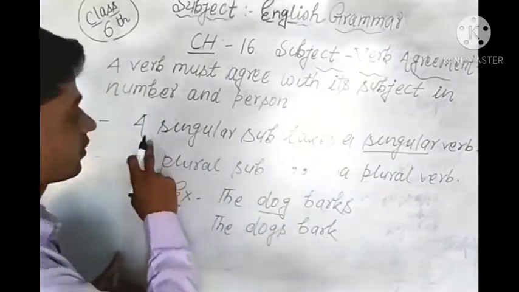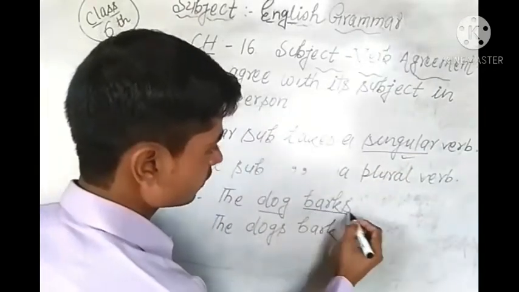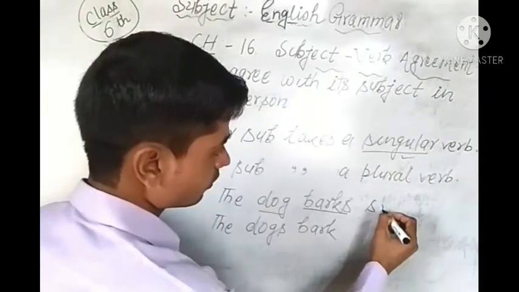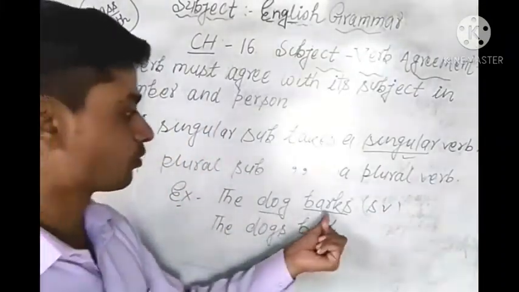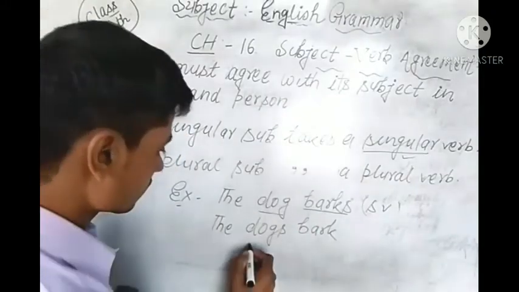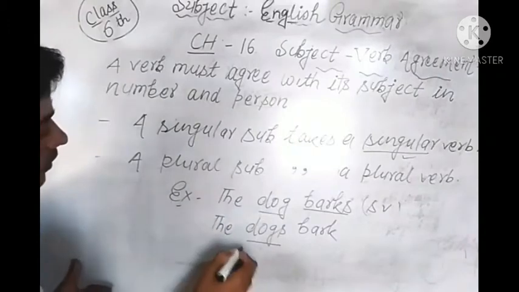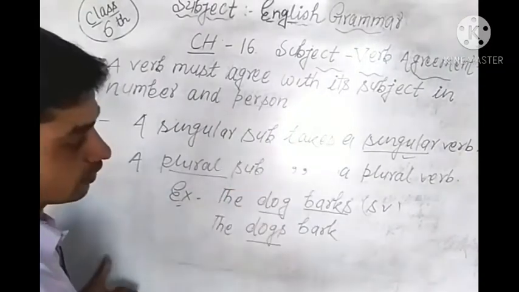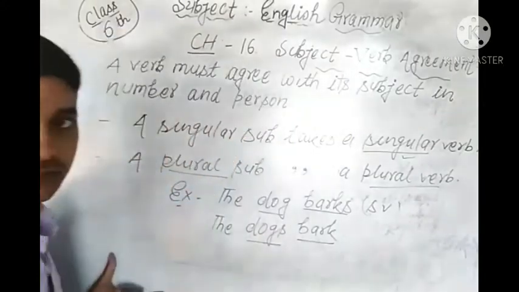I have written that a singular subject takes a singular verb. We use a singular verb here. The dog is singular, so the verb would be a singular verb. The dogs, in the second sentence, what is the subject? The subject is plural. Then we use the plural verb, and here we use V1.